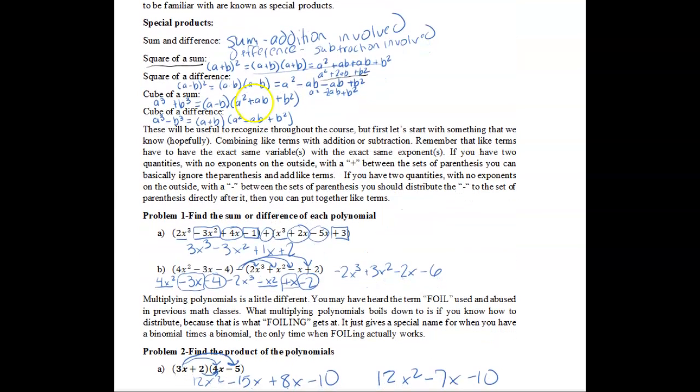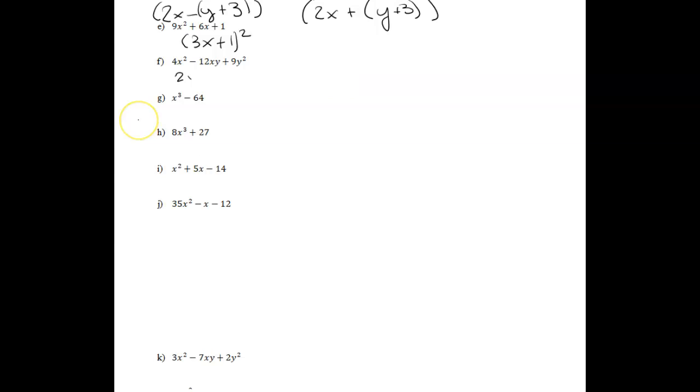I'm going to see, okay, it kind of looks like this. So let's see if my middle term is negative 2ab. My a term should just be 2x. And then my b term should be 3y.